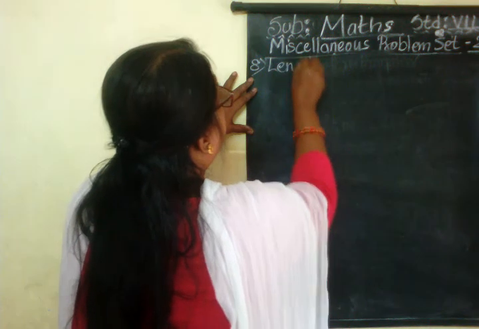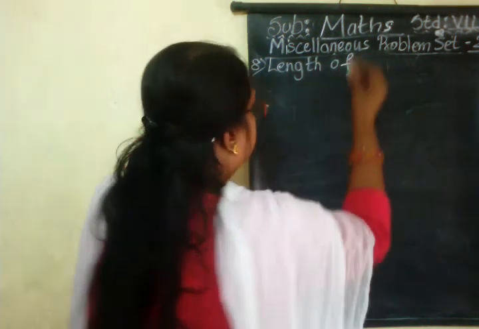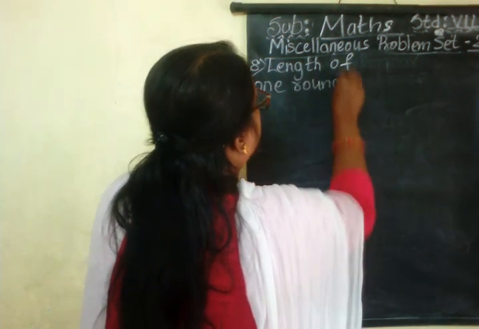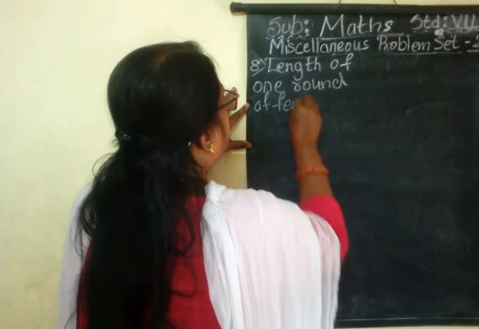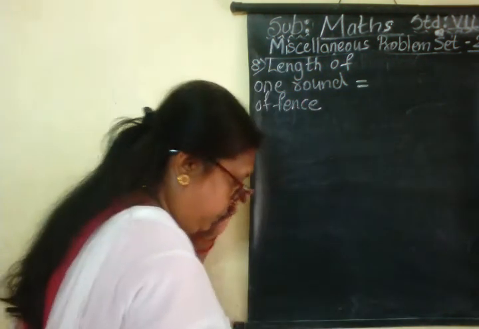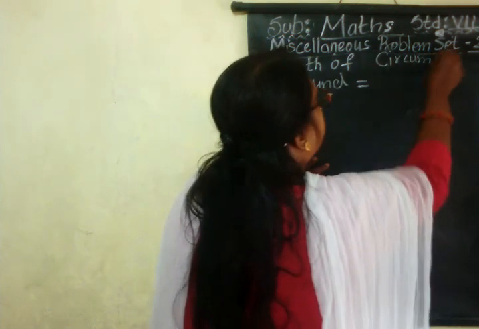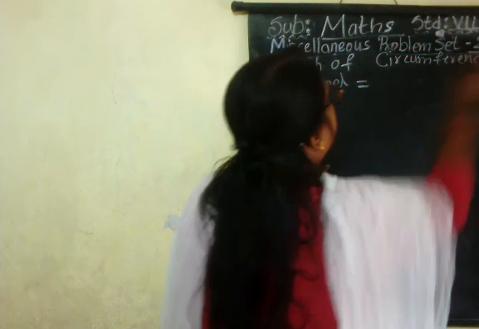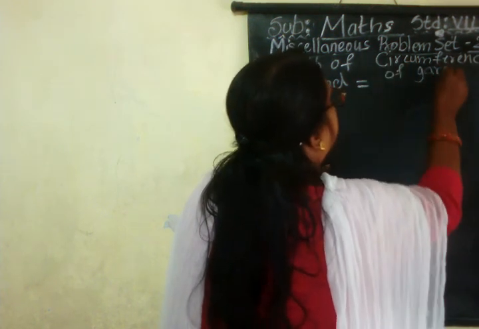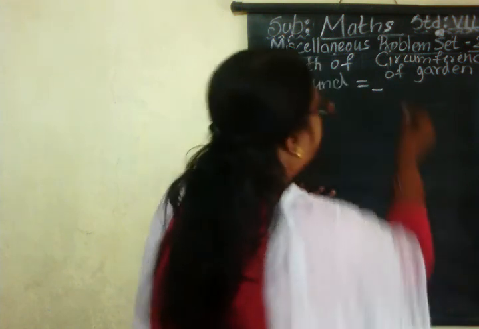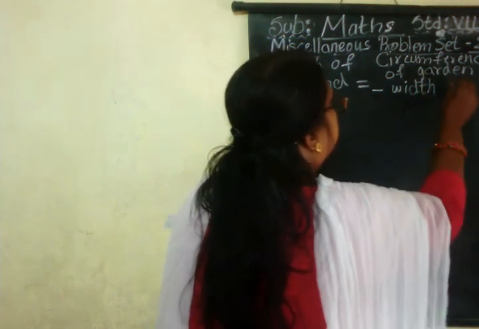Now length of one round of fence is equal to circumference of garden minus width of entrance.